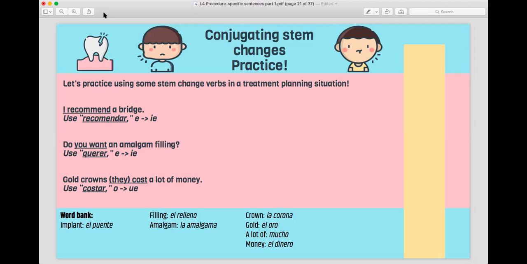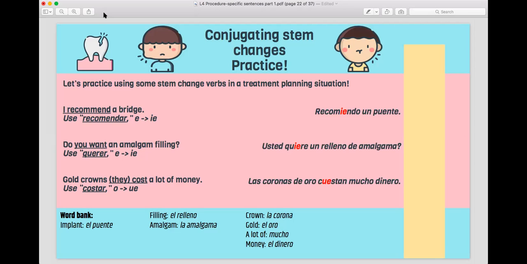Los cuestan. Cuestan. Yeah. So it's in the present tense, the AR will have a lot of A endings. So if you were to do a different tense, it might be cuestan, but in the present tense, it'd be cuestan. But you got the stem change correct, so good job.